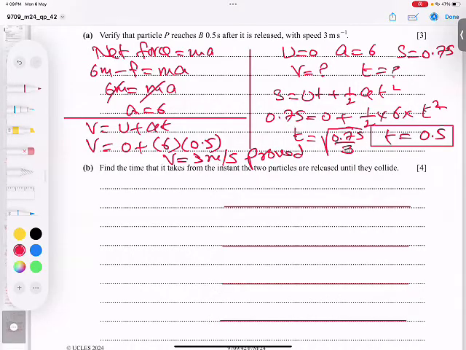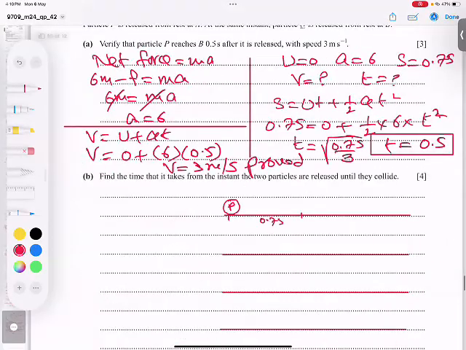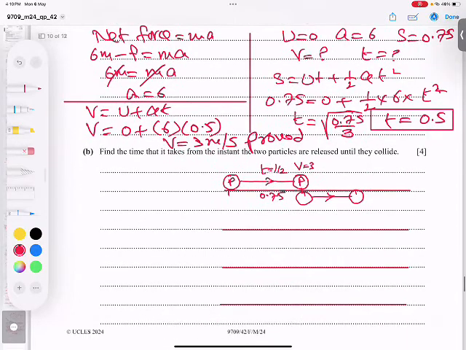Okay, students, P is traveling from here, and this is a gap, I think this is 0.75 meters. So this particle reaches here, and it will take half a second, and the velocity at this moment is 3 for the P particle. The Q particle will start from here and reach somewhere here.